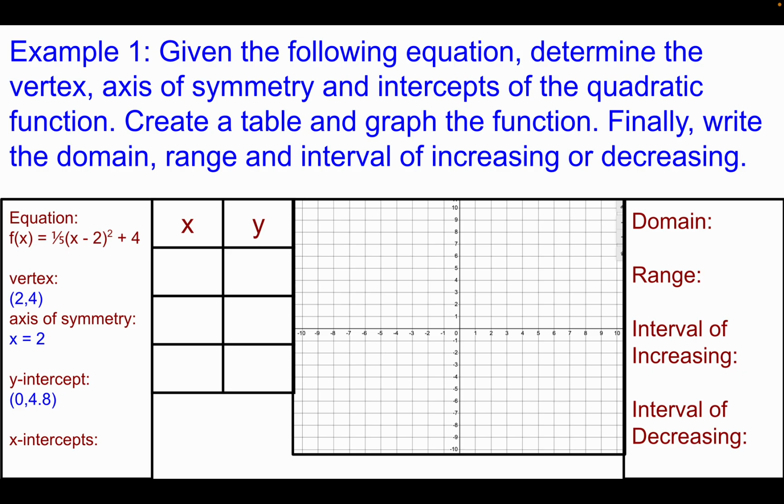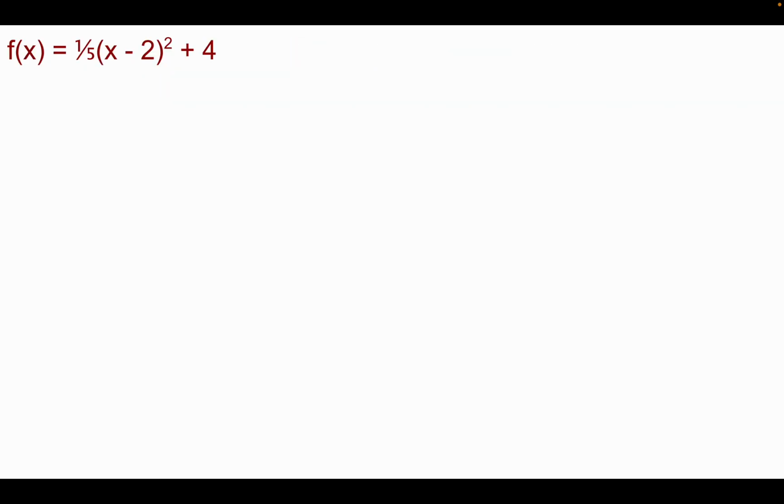And then to get our x-intercept, that's going to be a very similar process, except now instead of plugging in 0 for x, we're plugging in 0 for y, or f of x. So this side of the equation is going to equal 0. We'll solve for x, so -4 minus 4. That'll give us -4 equals 1/5 times (x minus 2) squared.